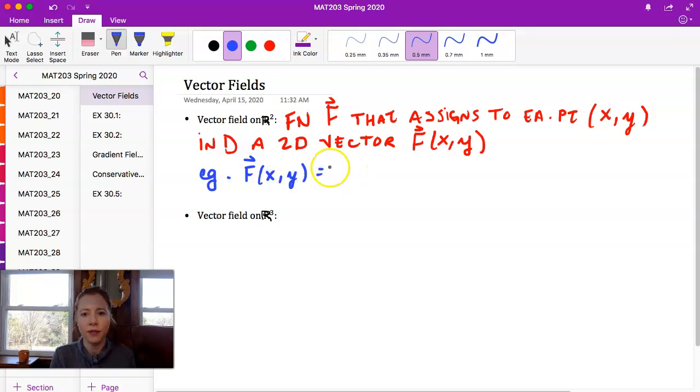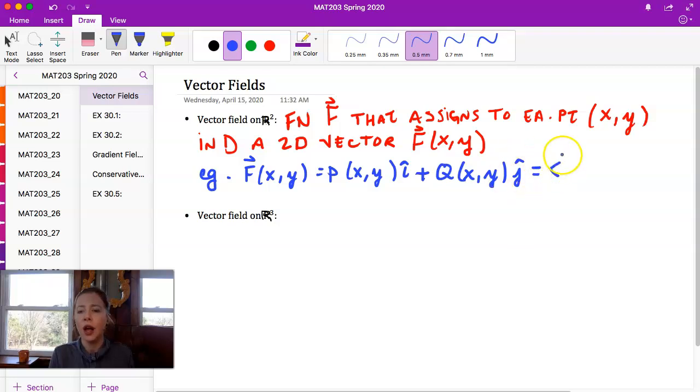It's going to be some function of x and y for our i hat component, our x component, a different function of x and y to get our j hat. And the way we could write this is we use this caret symbol here, p of x y, comma q of x y.